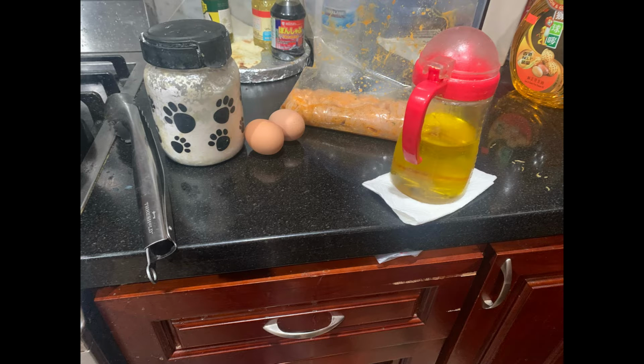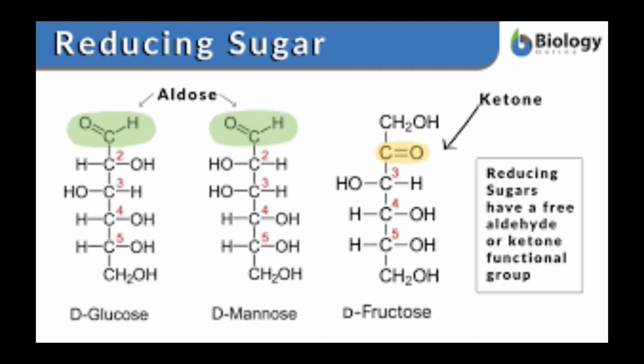So, for my demonstration, I used 2 eggs, tongs, some chicken. I also used some baking soda, and also I had a pan and my stove. And to remind you, a reducing sugar is a sugar that contains an aldehyde group or a ketone group.